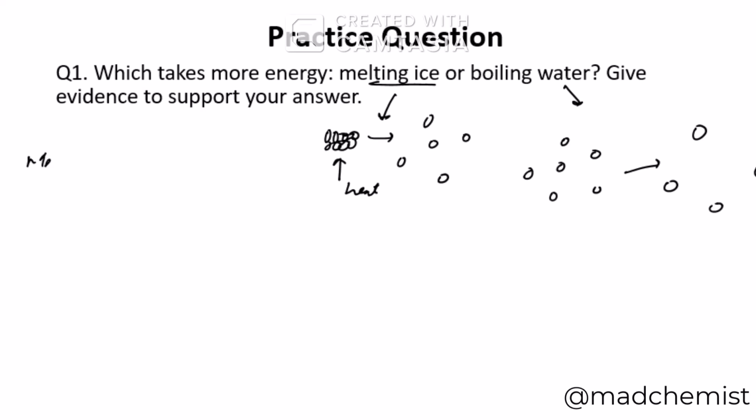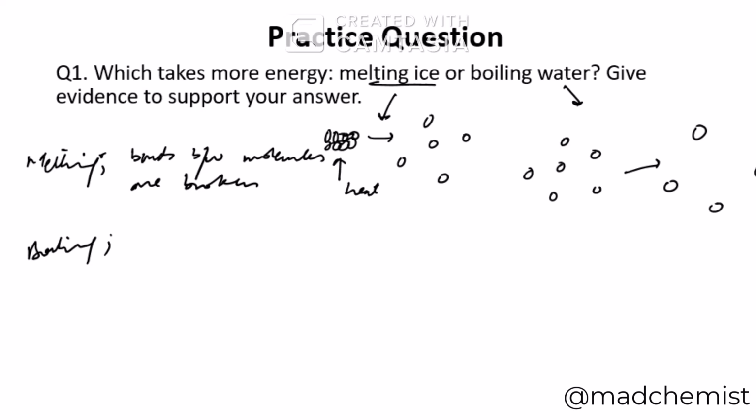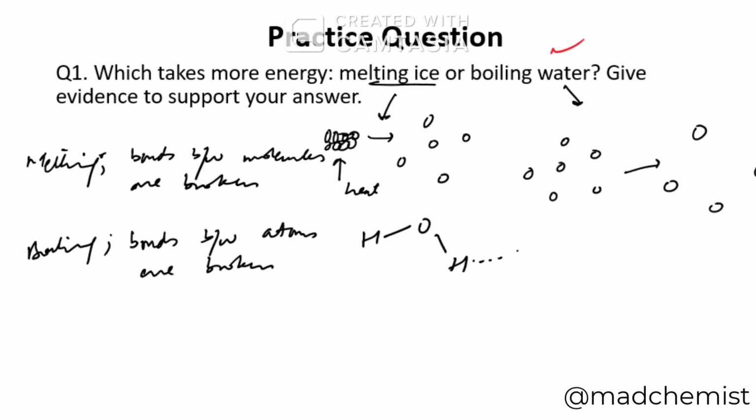In melting, the bonds between molecules are broken, while in boiling, as the liquid converts into gaseous form, bonds between the atoms are broken. These are water molecules, and they are bonded together through hydrogen bonding with each other.